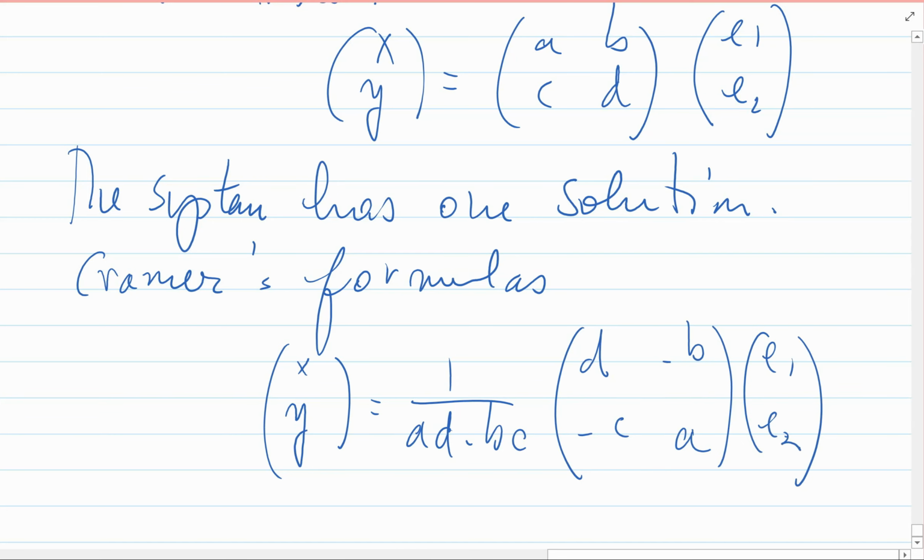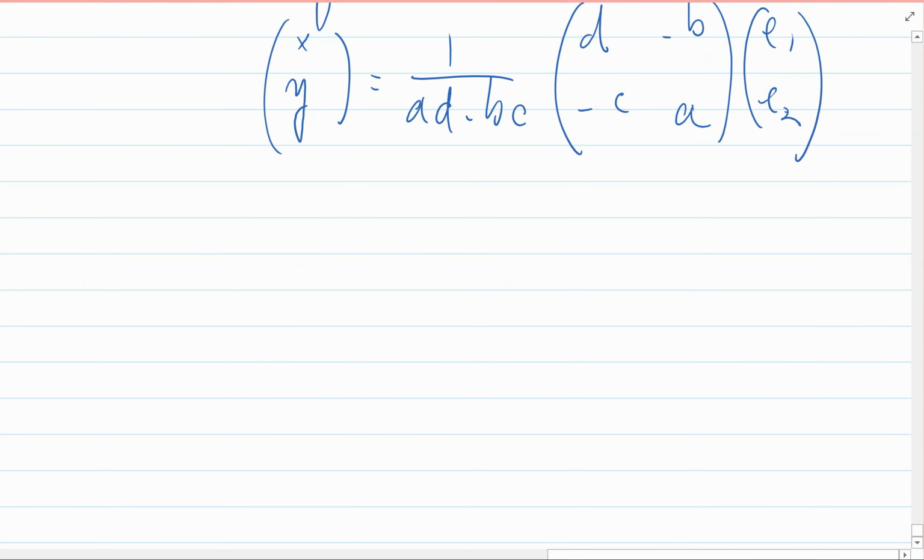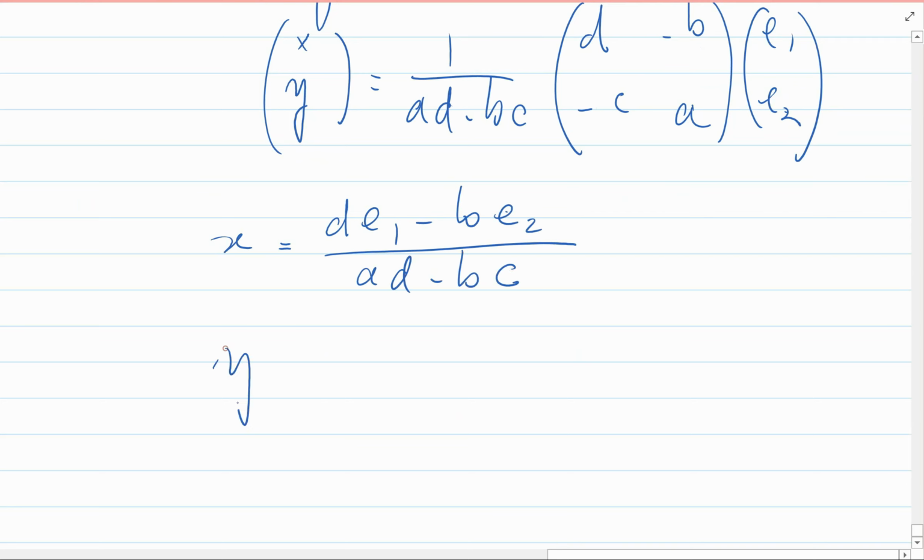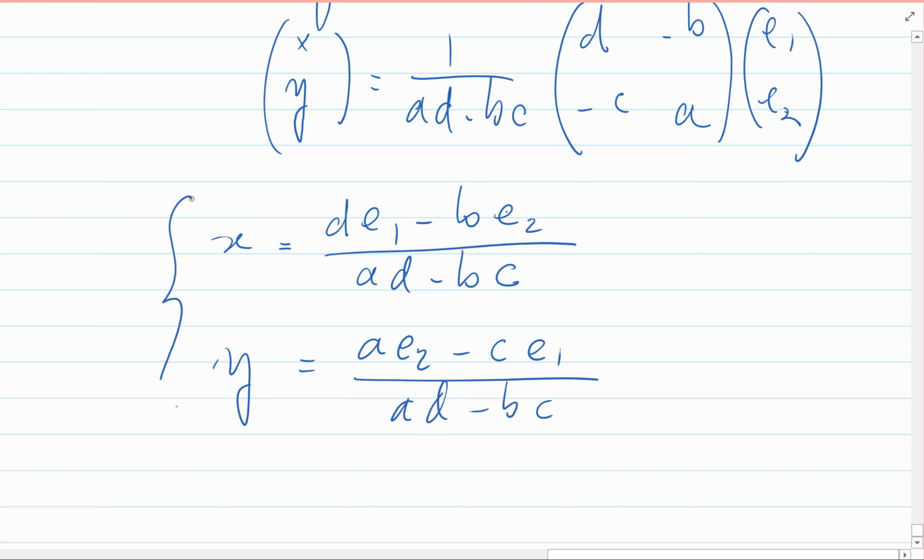So this tells you X is equal to (D E1 minus B E2) over AD minus BC, and Y is equal to (A E2 minus C E1) over AD minus BC. Okay, do we have something for 3 by 3, 4 by 4, etc.? The answer is yes, and we'll see them later on.